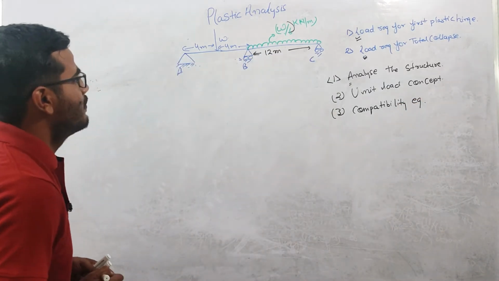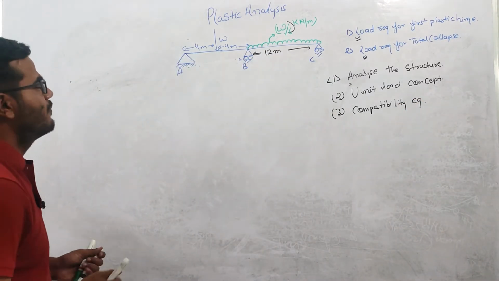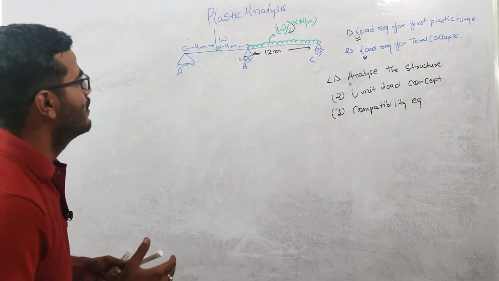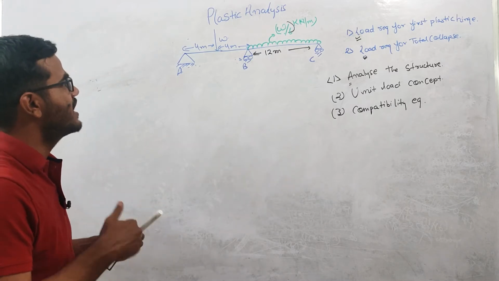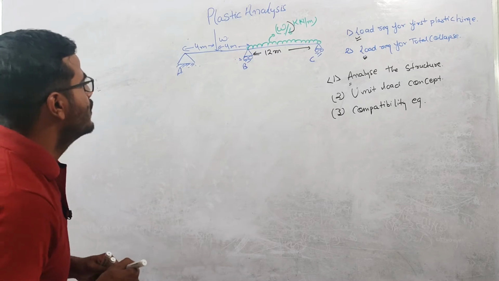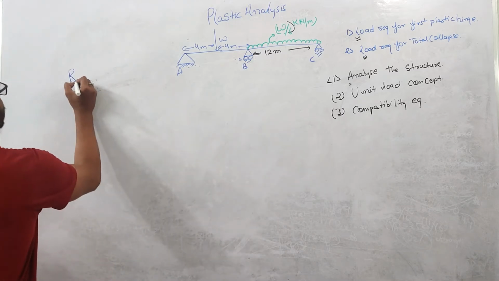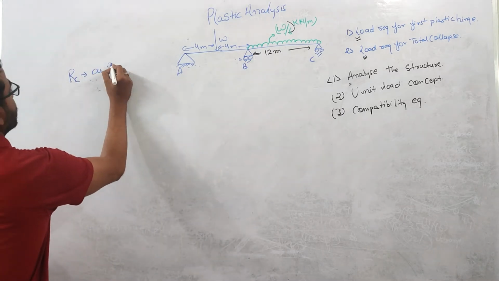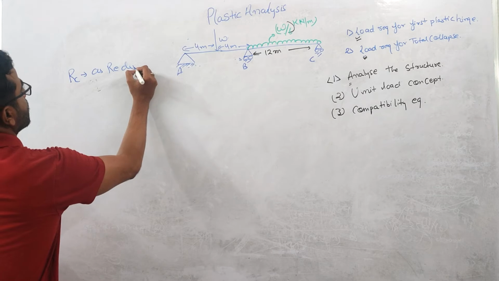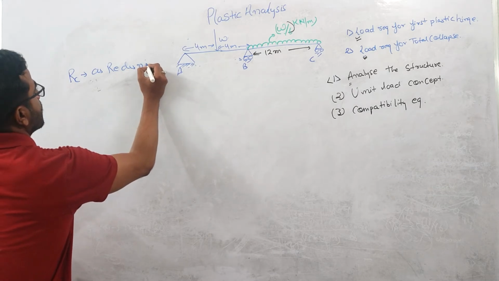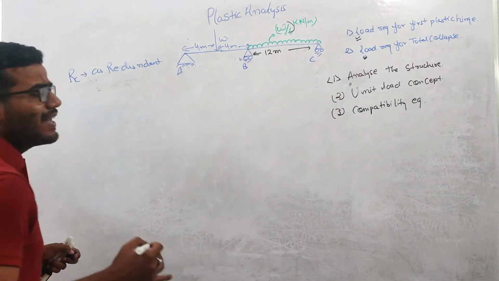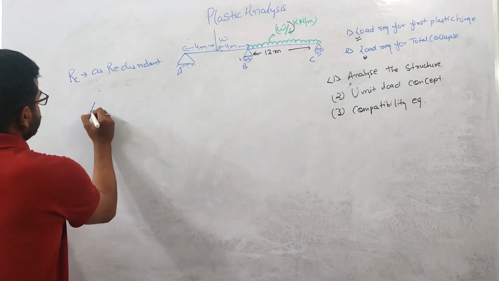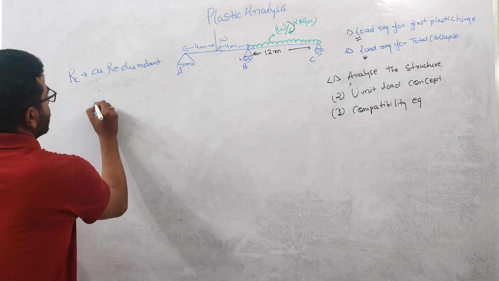First we need to find which reaction we will be taking as a redundant. So here I am taking RC as redundant. Okay, so if you are taking RC as a redundant, our structure will look like this.